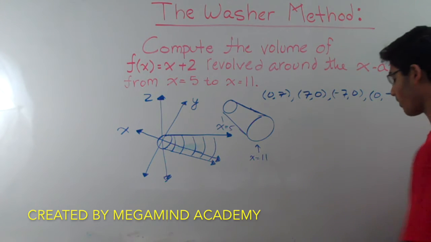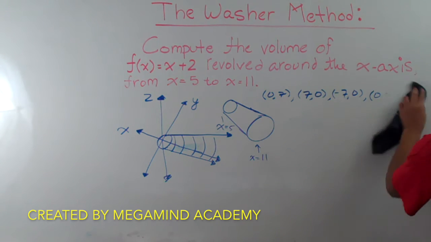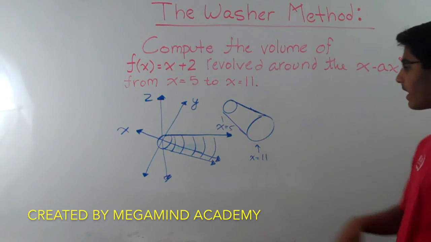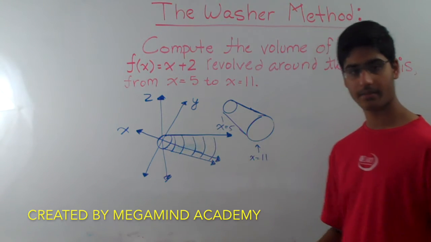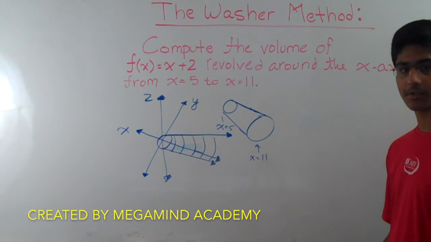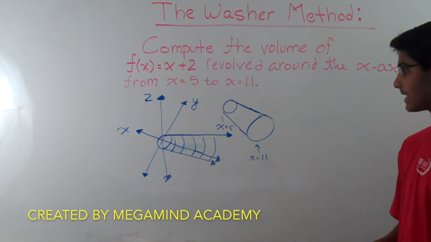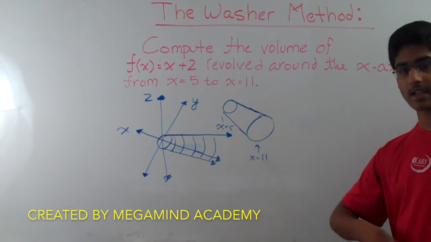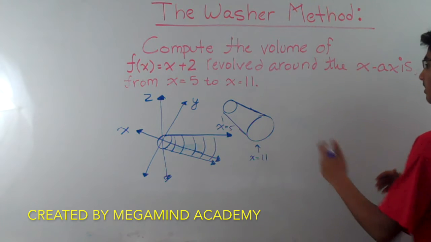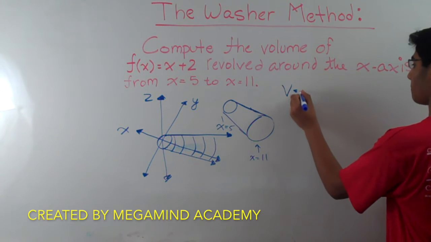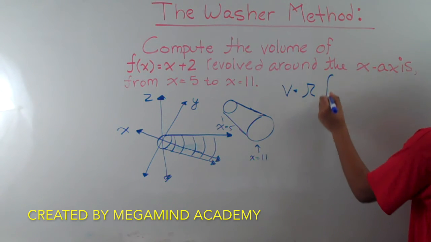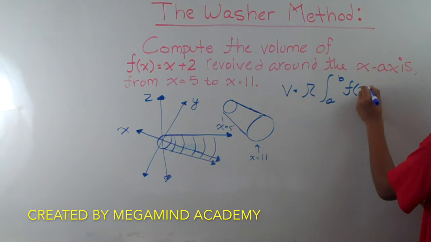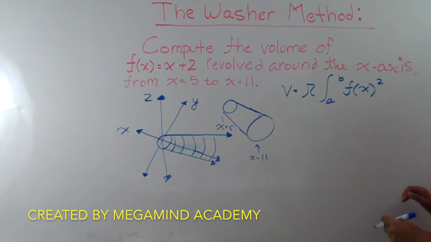So we're going to use one formula called the washer method. The washer method says that if you have a line or a curve that you want to rotate around the x-axis, and it has to be the x-axis, to create a solid, then the volume of that solid will be pi times the integral from a to b of that function squared.